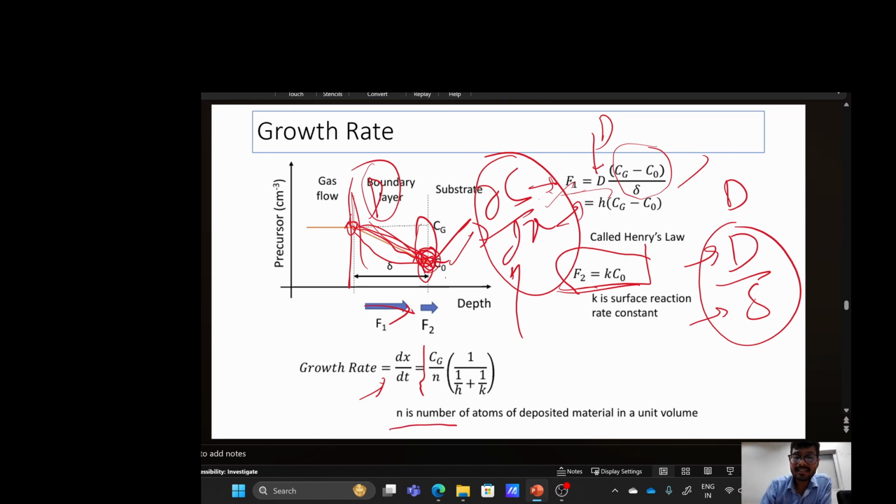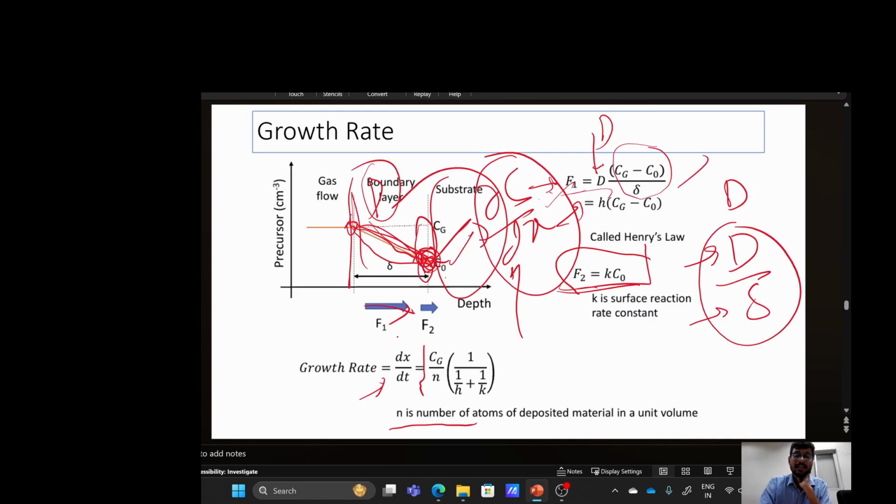N is the number of atoms of deposited material in a unit volume. The deposited material is the film over the substrate. This is the number of atoms getting deposited.